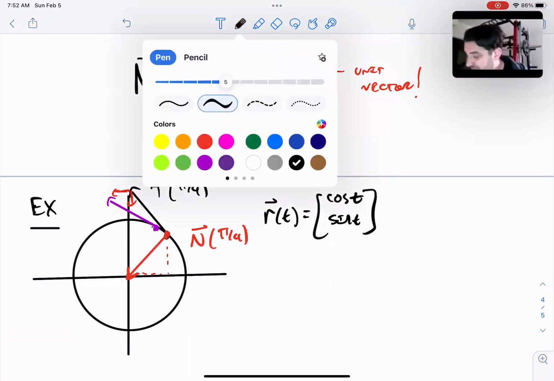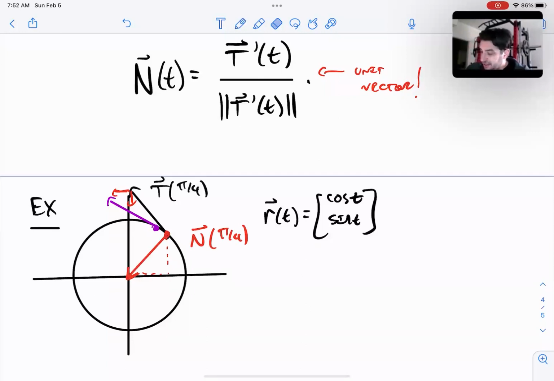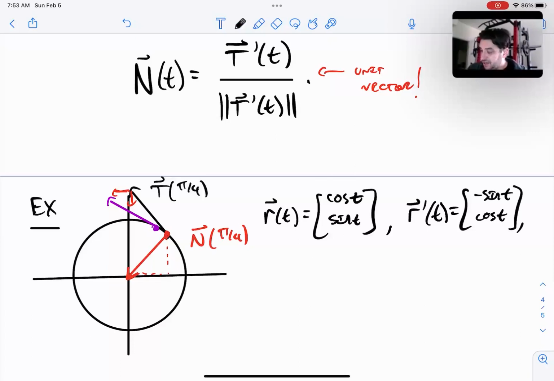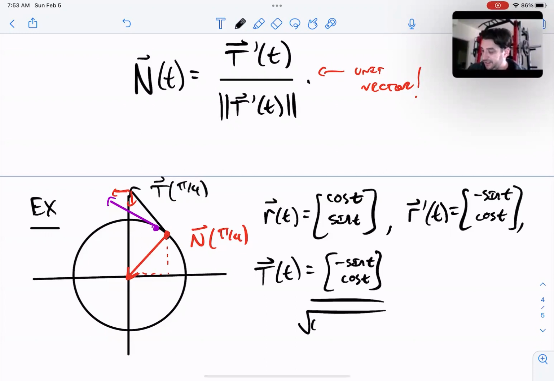So we already had from up above that r prime was negative sine t, cosine t. We already had that T then was actually the same thing in this case, because we divided it by speed.